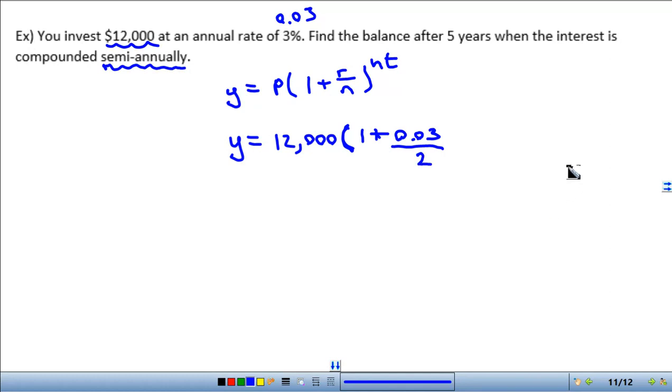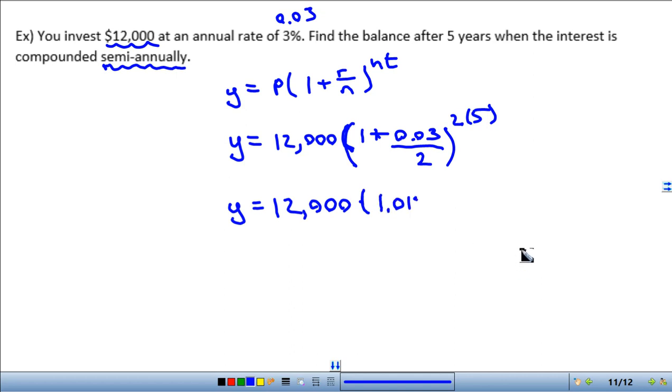So in this case, 2. And it is to the 2, t is how many years? 5 years. So I've got y equals 12,000 times 1 plus 0.03 divided by 2, which is 0.015. So 1.015, I added it to 1, to the 10th.